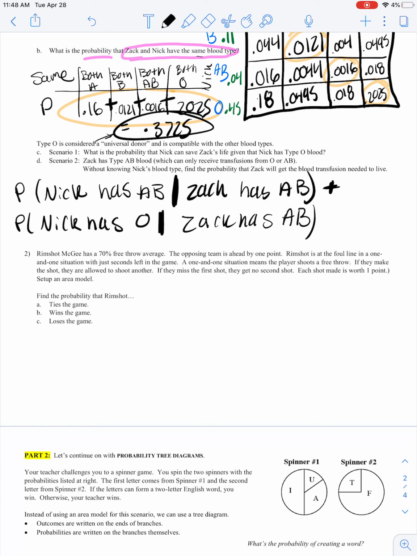So there's two options here that can give him the transfusion. If Nick has AB and Zach has AB, they're a match. Or if Nick has O and Zach has AB. Those are our two options that we want to calculate.